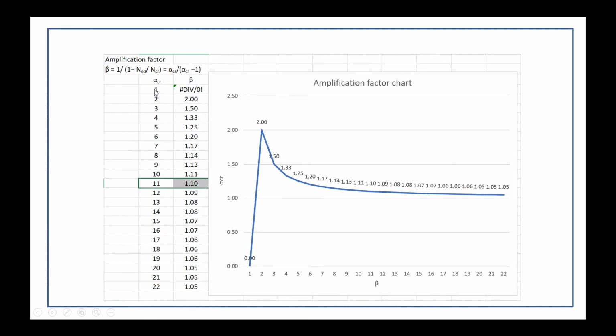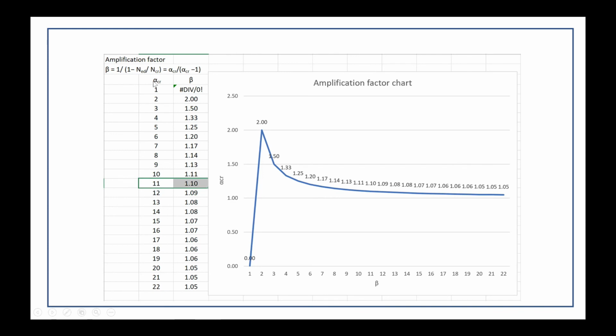When alpha critical is equal to 1, beta is infinite, no answer, error. When you apply alpha critical equal to 2, beta is equal to 2, then 3 gives 1.5, and 4 gives 1.3. And for the sway and non-sway, the limit is 11.